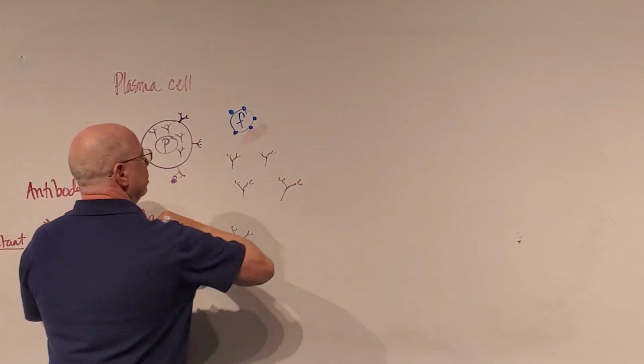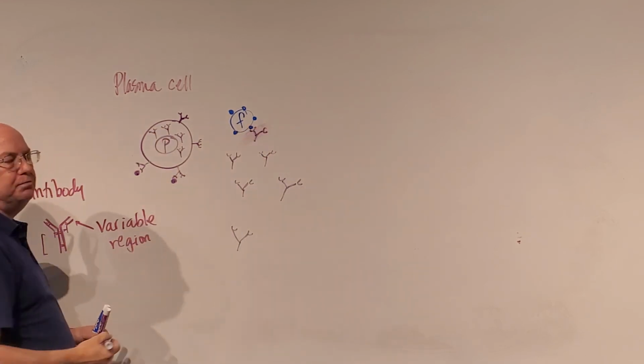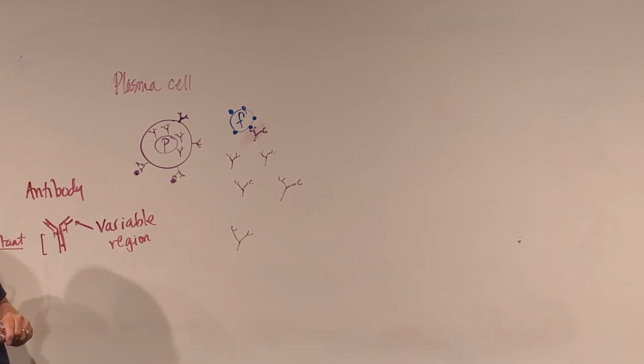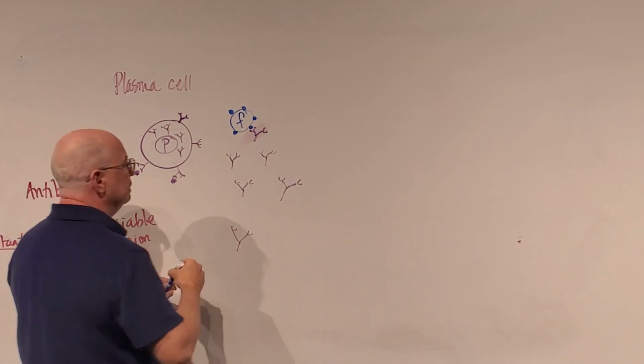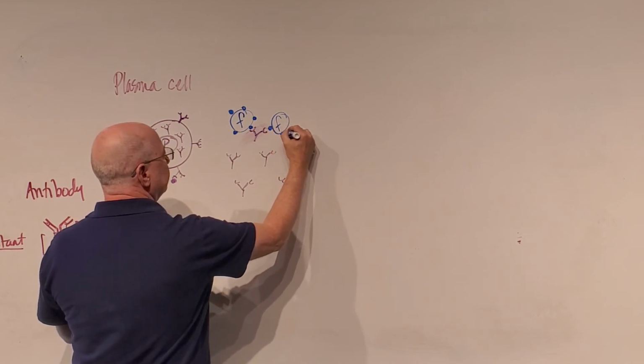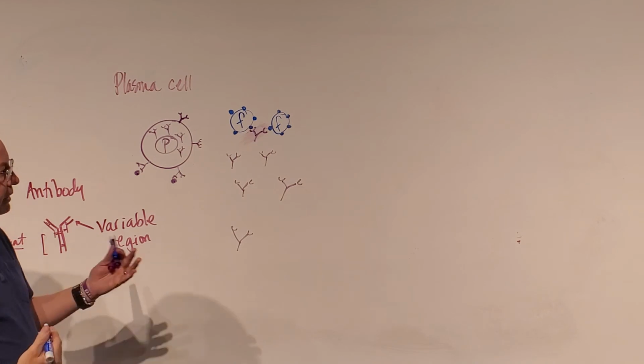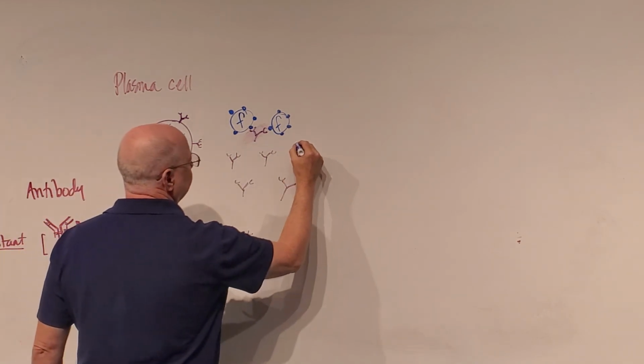Now it turns out that the antibody has 2 binding sites for that surface antigen. What that means is it can actually bind to 2 of the exact same foreign cell, because these 2 foreign cells, since they are identical, should all have the exact same surface proteins.